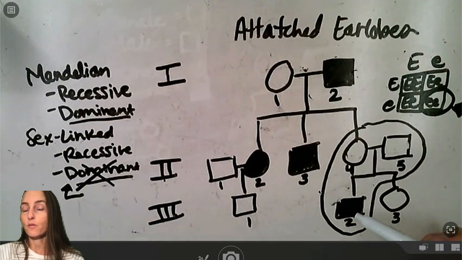That's the only way that works. Most of your pedigrees will give you a little family like that to help you determine that. If they don't, then it should be a numbers game. If you have a lot of people in the family, it's probably dominant. If you have very few, it's probably recessive. But you'd want to do a few Punnett squares to make sure that it's a possibility.